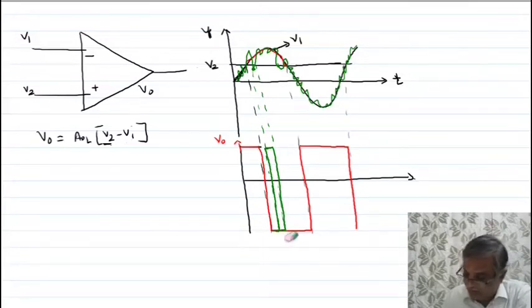You will not obtain the previous shape, you will get such kind of shape. Again at this time you can see V1 is less than V2, so output becomes positive.